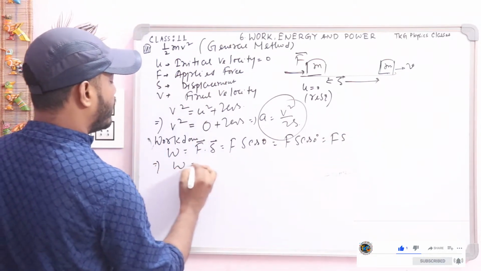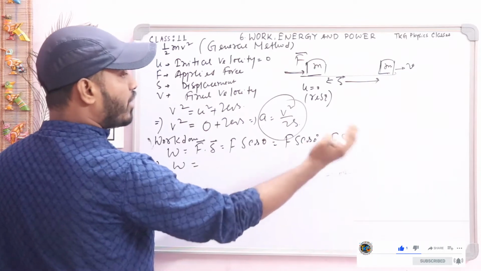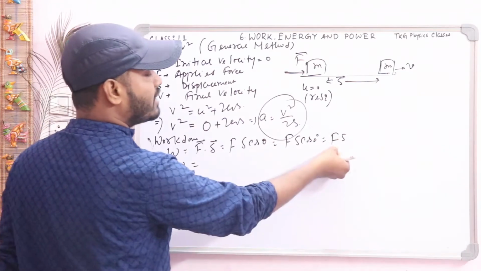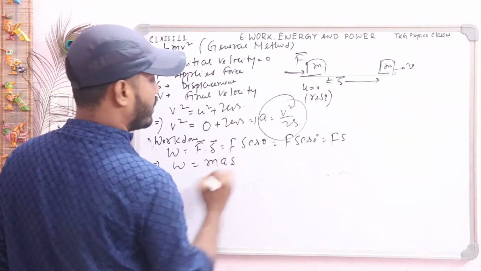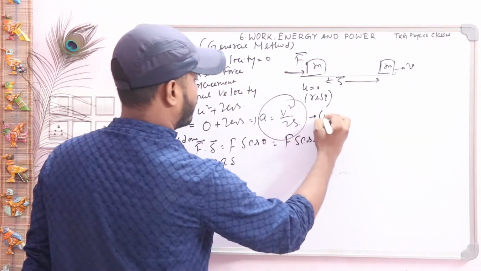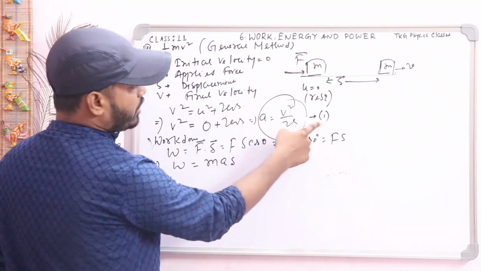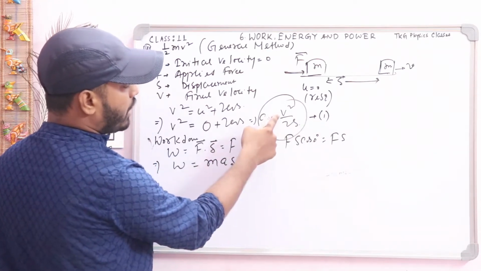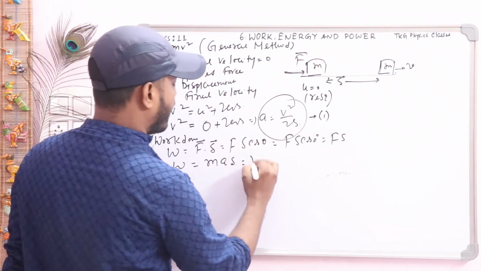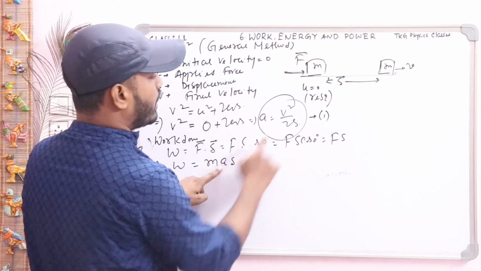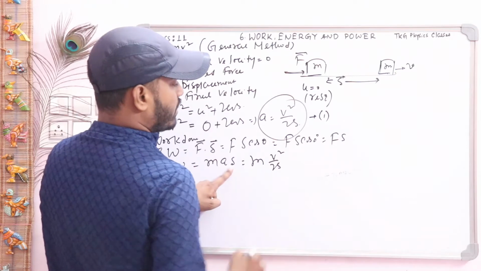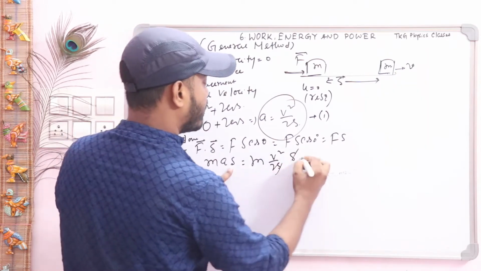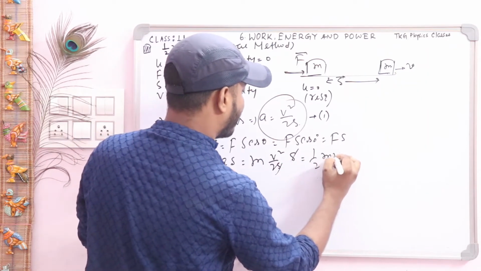Now in the place of F you can write Newton's second law of motion, F equal to m into a. So write it m into a into S. Suppose this is our equation number 1. Now putting equation 1 in equation 2, that is m, and in the place of a you can write v square by 2s, and you see s cancels out, so this becomes half m v square.